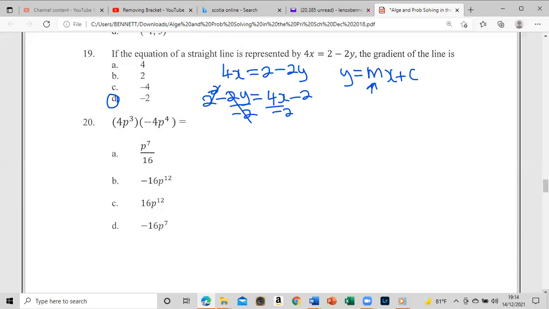What does the bracket mean? Let me rewrite it and make you do it. The bracket means multiply. Of course, multiply.